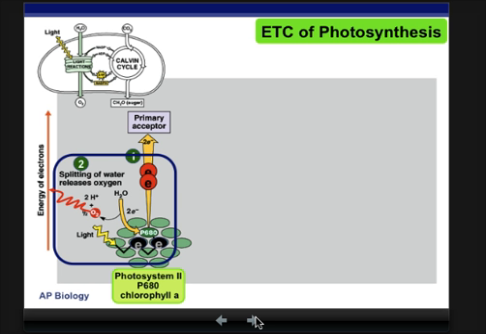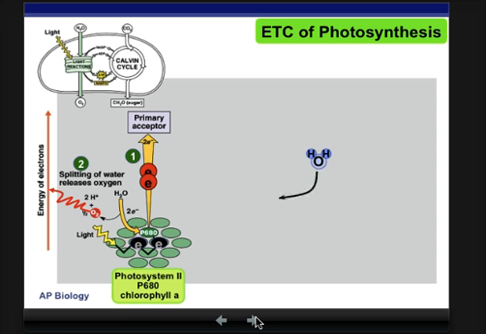The 1 and 2 is a little awkward here, but there's our water splitting. Oxygen and two little hydrogens.